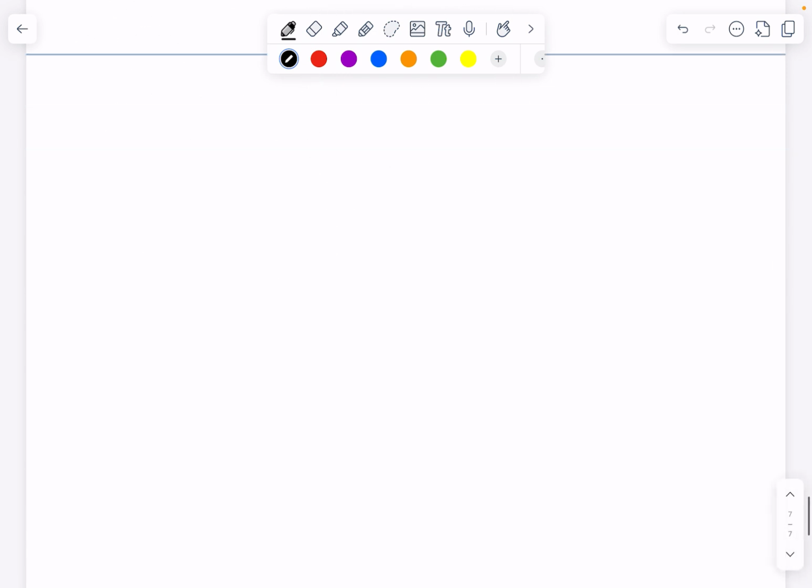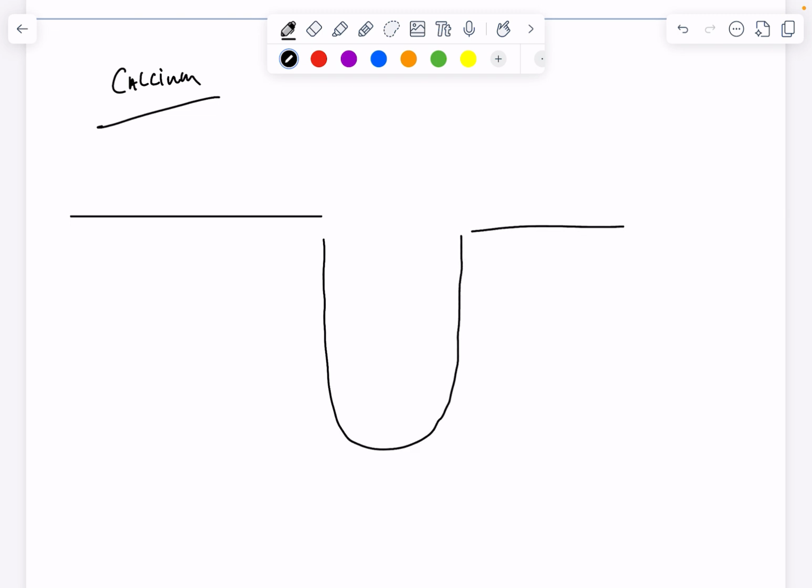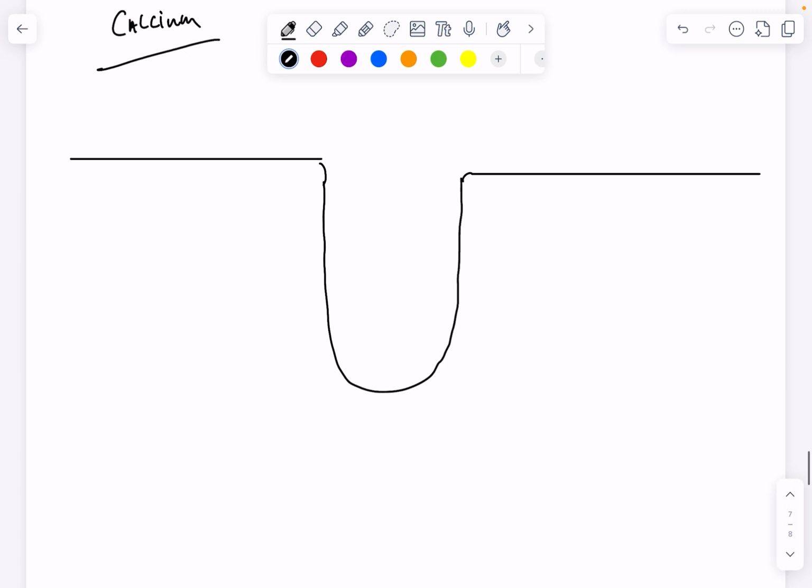Let's talk about calcium. So calcium, very similar to skeletal muscle, has T tubules.